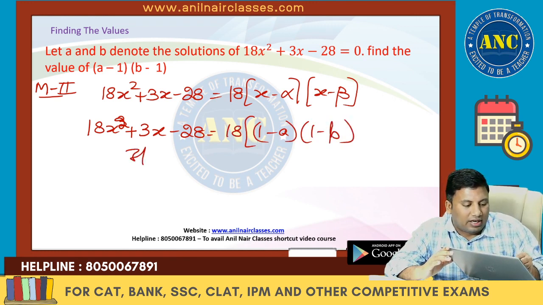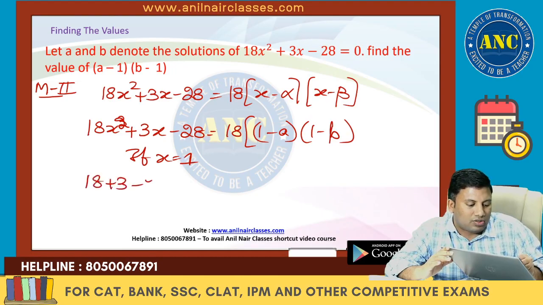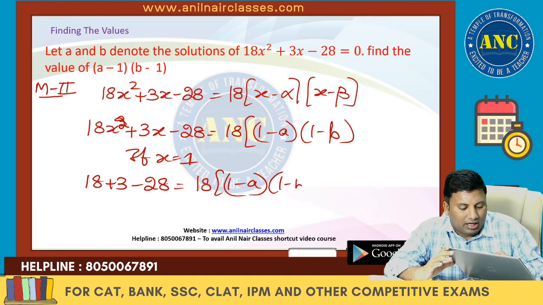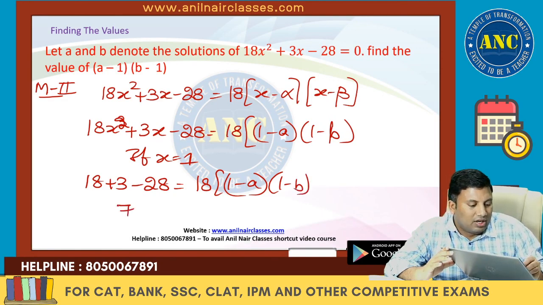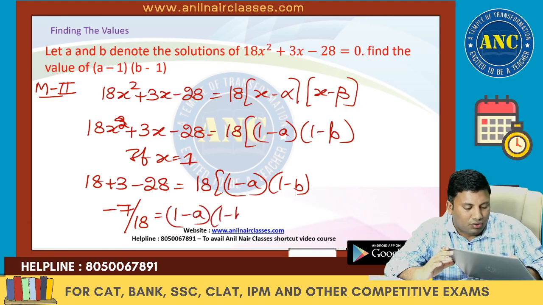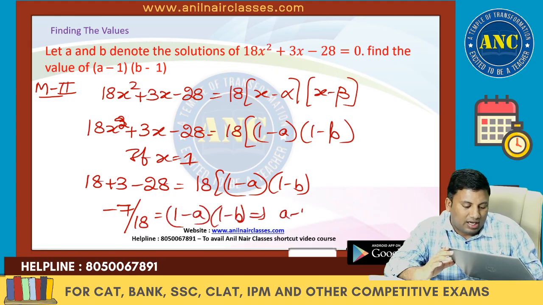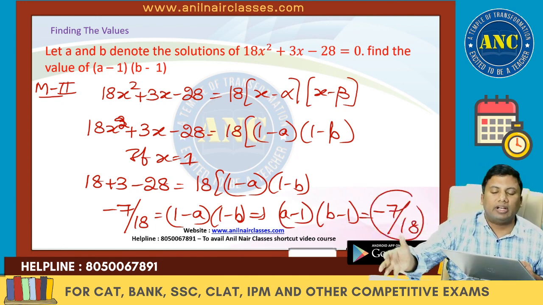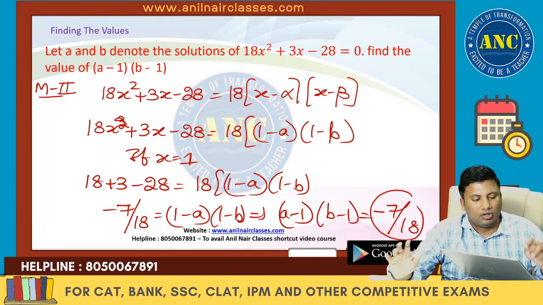If x = 1, then 18 + 3 − 28 = 18(1 − a)(1 − b), which is −7/18 = (1 − a)(1 − b). So (1 − a)(1 − b) equals (a − 1)(b − 1), since minus into minus is plus. The answer is −7/18. You can do it in any method, you will get the answer.